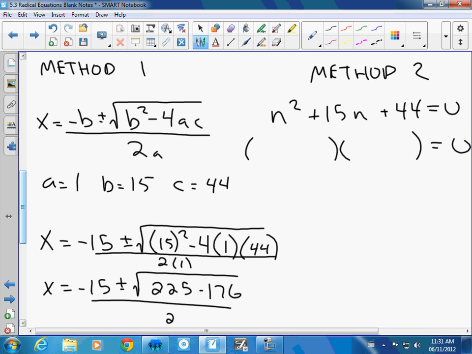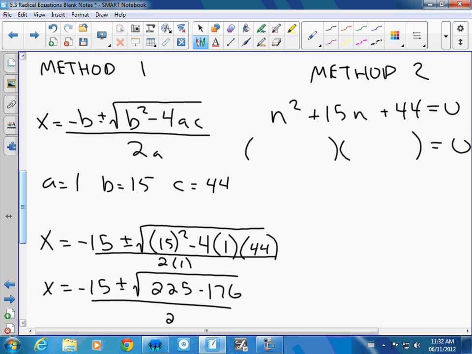You should always try that first before you automatically go to the quadratic formula. You may save yourself about 5 minutes worth of work. The quadratic formula works every time, but if it doesn't work, go to the quadratic formula. If it does work, you've just saved yourself 5 minutes. If it doesn't, you've wasted probably 30 seconds.